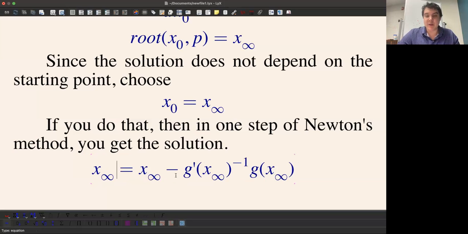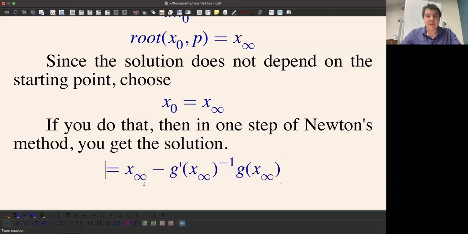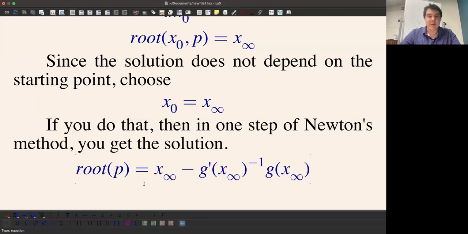It has to be true for Newton's method, right? That at the root you have a fixed point, right?